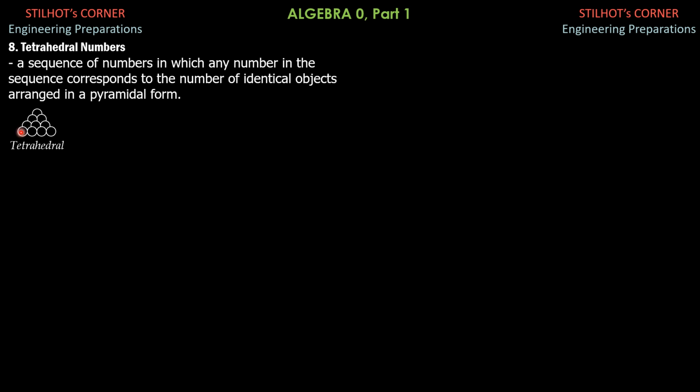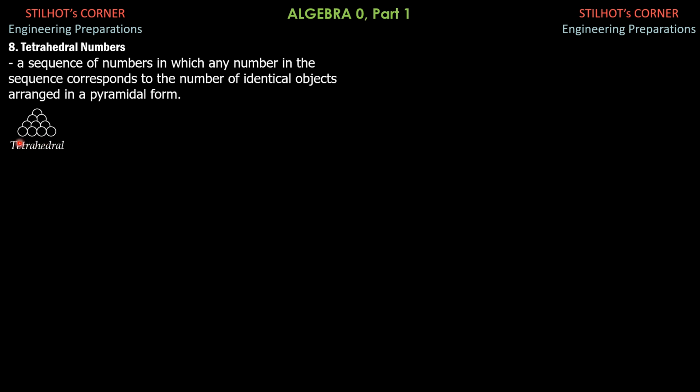Then the 10 identical objects which form a triangle would be over the next triangular number, 15. So again, 10 plus 10 is 20, then 20 plus 15 is 35.